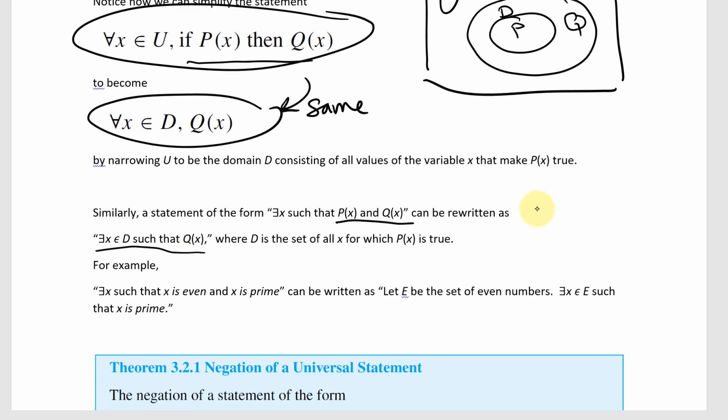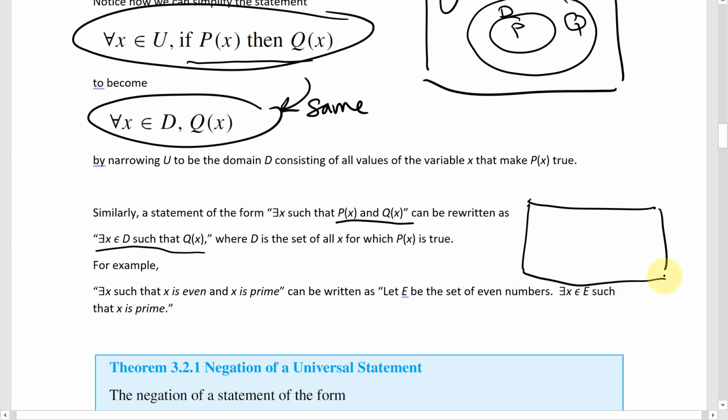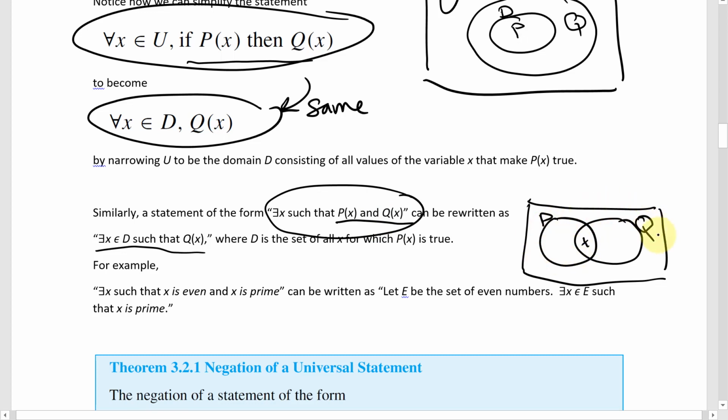Okay, so I can construct a picture to sort of illustrate this principle as well and how this simplification is true. Imagine that we had a set P and set Q that look like this. And the original statement, let's look at this, says there exists x such that P of x and Q of x are true, which means that x would have to be here, in the way that I'm visualizing these statements, those x's that are in this region make P and Q both true.